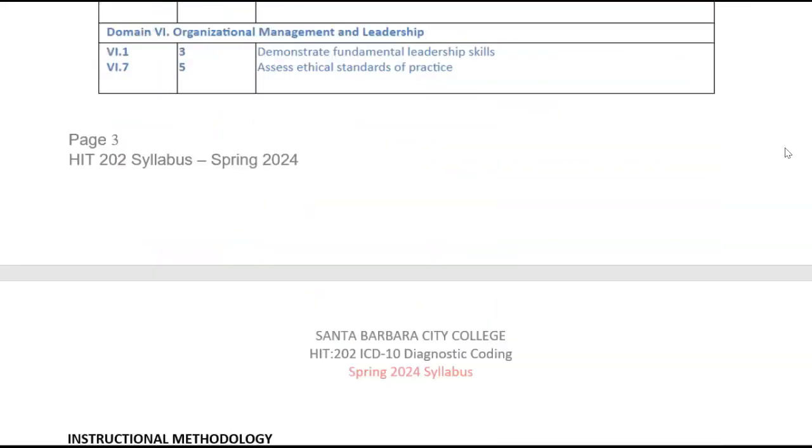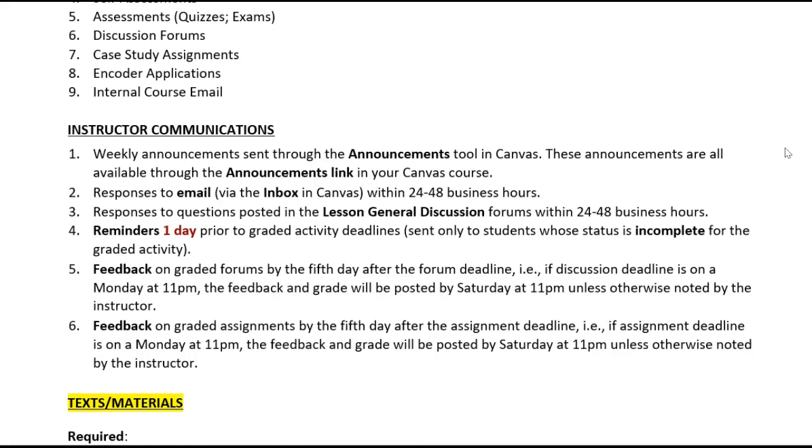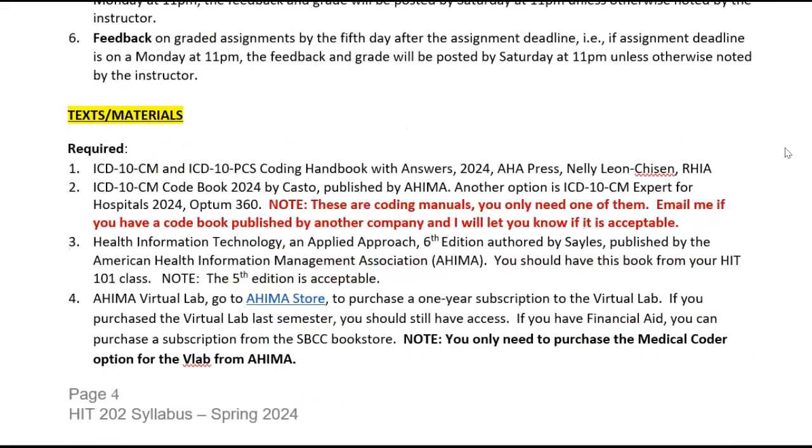All right. So as we go through here, we have the textbooks. The biggest thing with the textbooks, as you can see, required material, I do use the 2024. All right. With the actual code book, it is published by AHIMA, but students I know in the past have used Optum 360. These are coding manuals. You only need one of them. You also need the Sayles book.